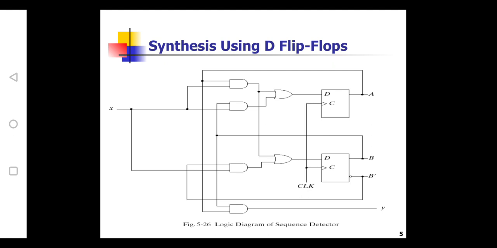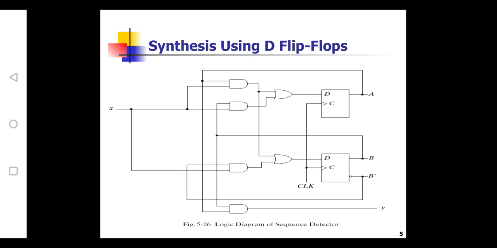And along with dA and dB, we have an external input called X. So we got dA equal to AX plus BX. Here A is nothing but the output of the first dA flip-flop and B is nothing but the output of the second dB flip-flop. So here we need to use two AND gates.